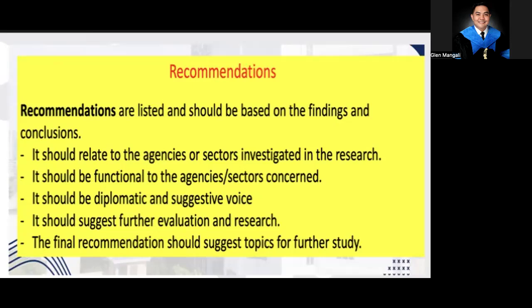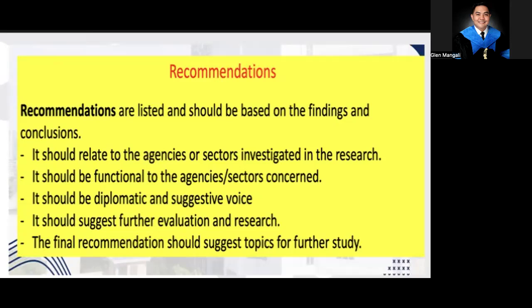It should also be in a diplomatic and suggestive voice. We do not impose something, but rather we want the readers to consider the results of your study, and that can be recommendatory. It should also suggest further evaluation and research.